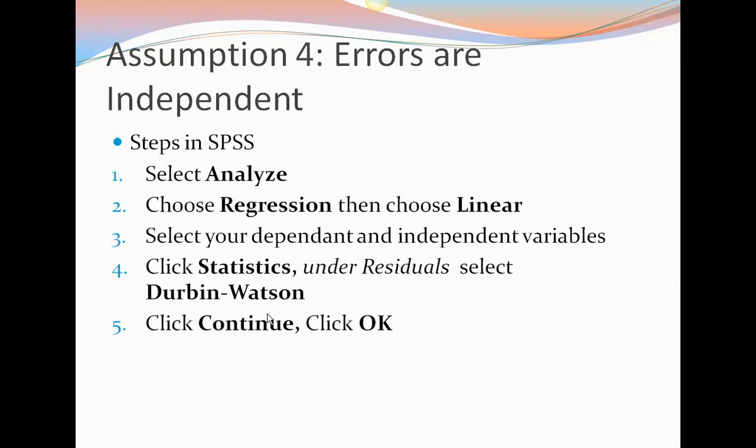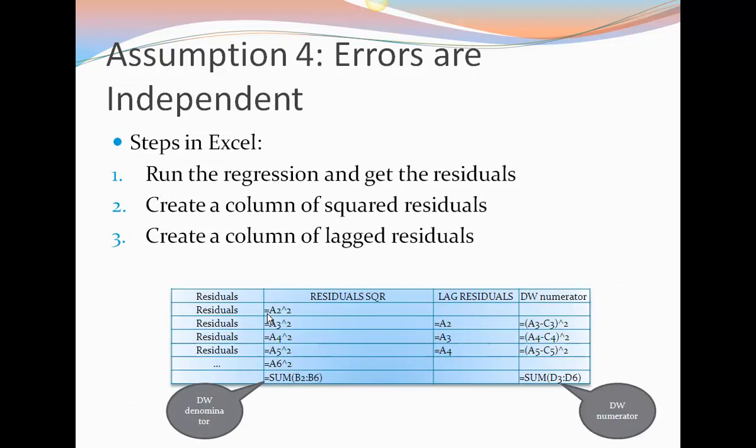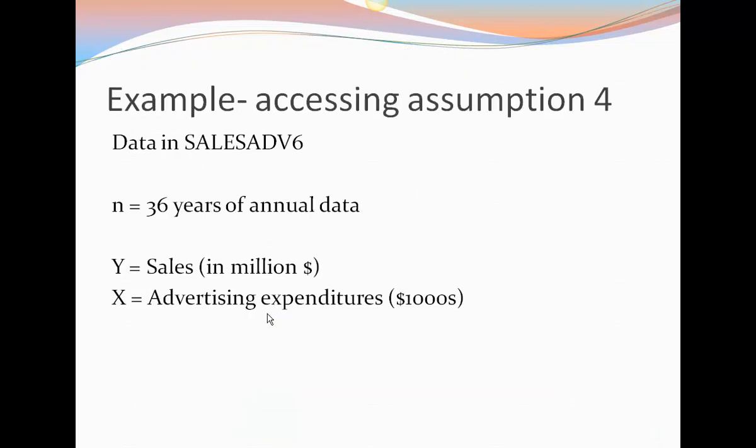So here are the steps in SPSS, and you literally just click under residuals, click Durbin-Watson, and it will go through and calculate that for you. In Excel, you follow that formula. You get the DW numerator and denominator, then just divide those two and compare your value to what you find in the tables.